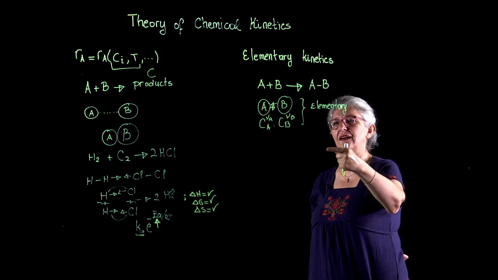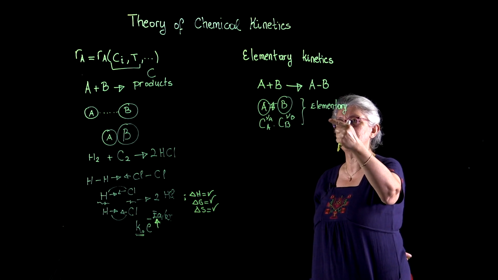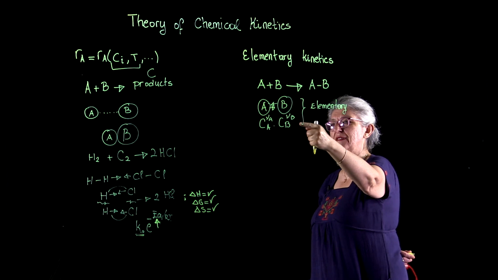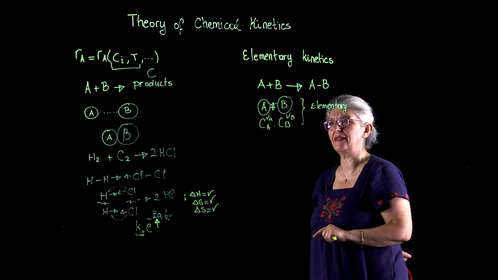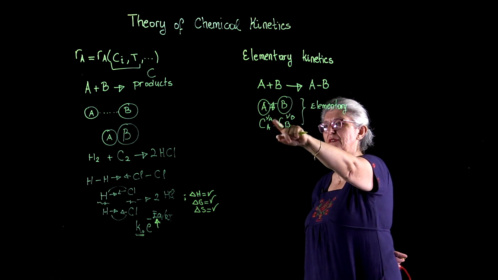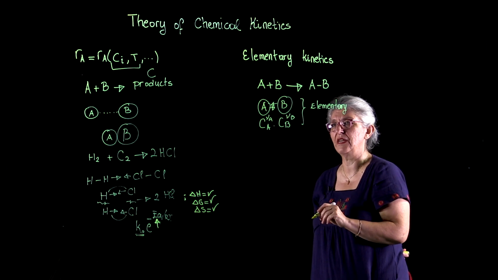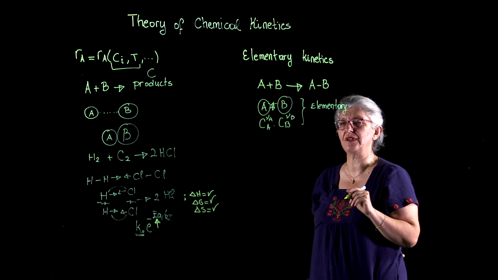As a result, our final kinetics could be different from what is represented by the concentration of the species raised to the power of stoichiometric coefficients. But let's first discuss an elementary reaction.